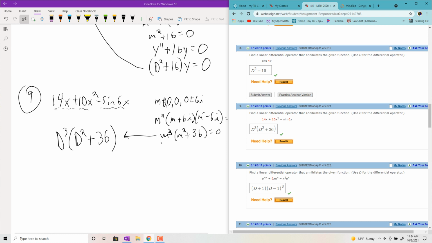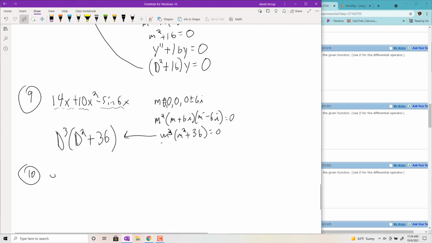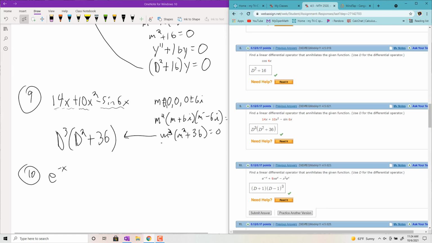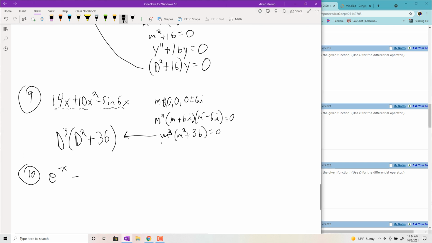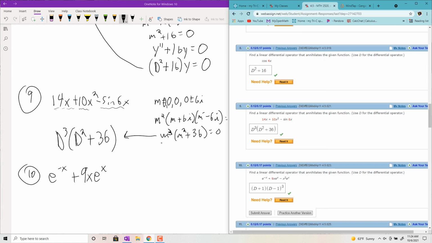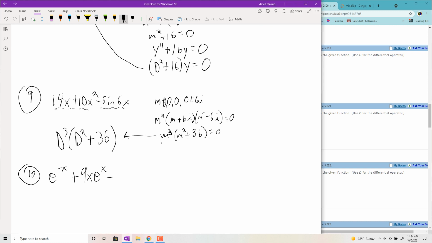Let's try this next guy, number 10. I have e to the negative x plus 9x e to the x, and then minus x squared e to the x. Okay, so our roots must have been -1, and then this was from a repeat.